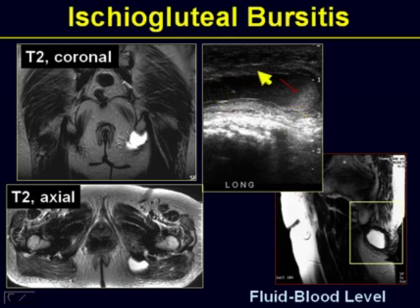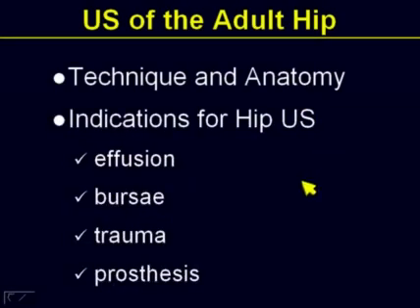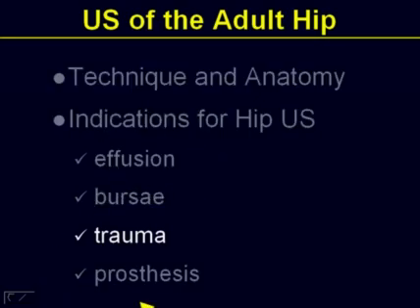Not only do you confirm a distension of the bursa, but also a fluid level. But clearly, the higher level echoes that you could see are the particulate portions of blood that are gravitating to that area. So we've seen technique, anatomy, effusion, and bursitis, and now let's jump into what trauma would appear like.